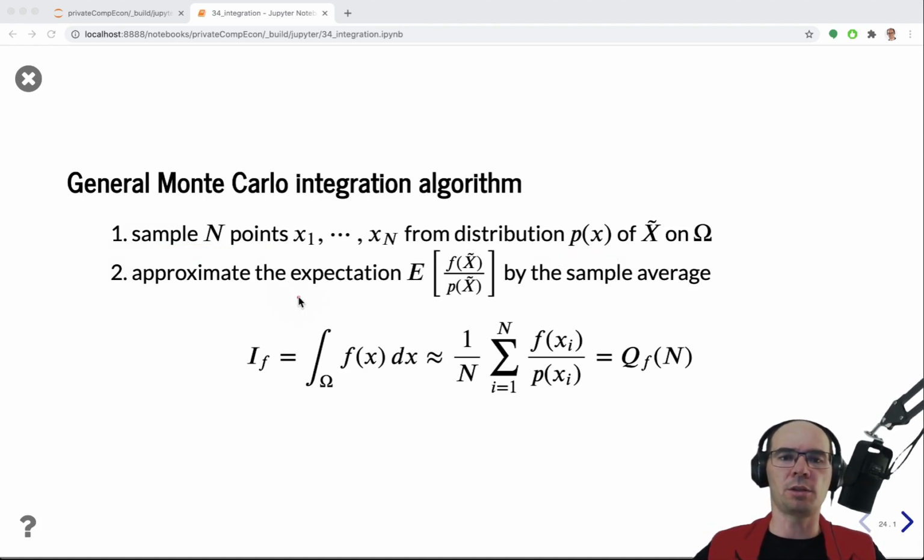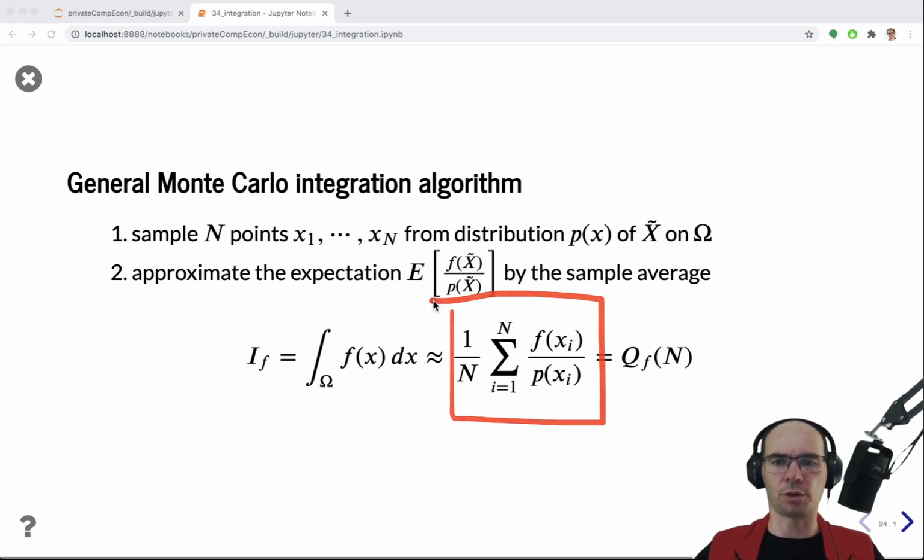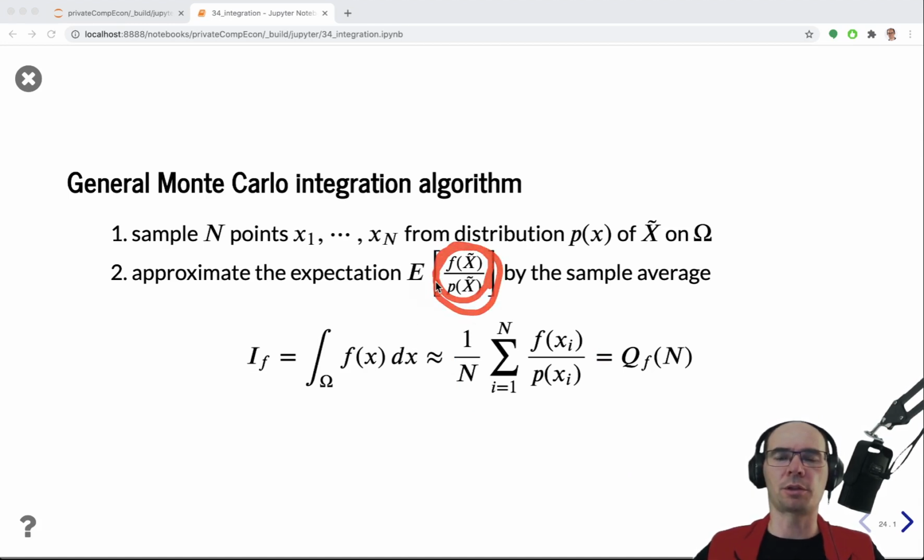And then we need to approximate the expectation of the ratio of our function to this PDF using the random draws and the sample average, right? So the integral that we're interested in is just going to be an average over the function that is represented by this ratio calculated at all of the random points. And let's call that QF of n.